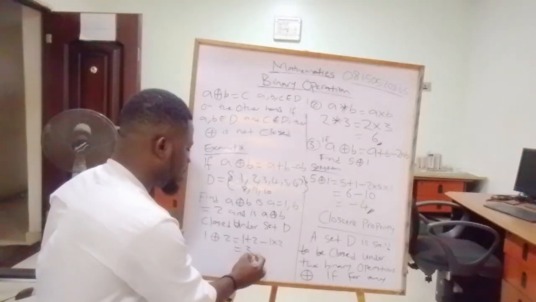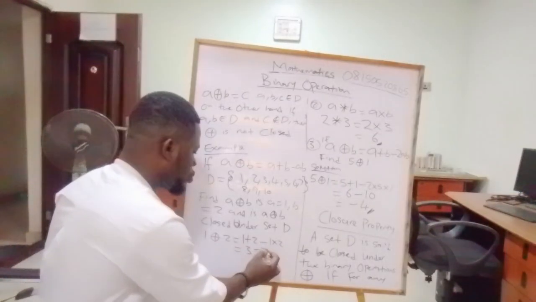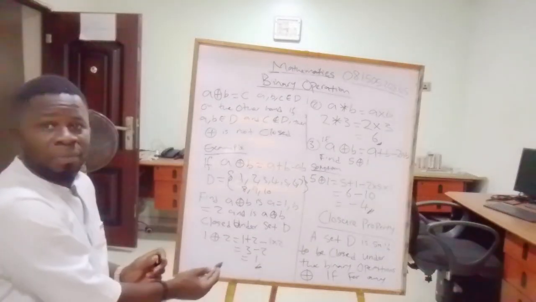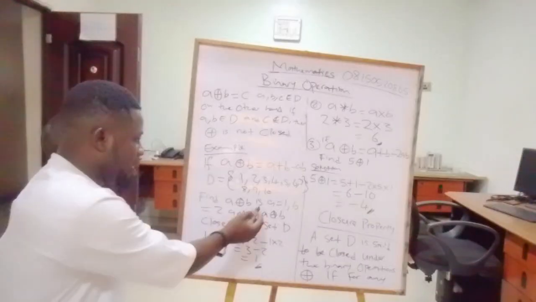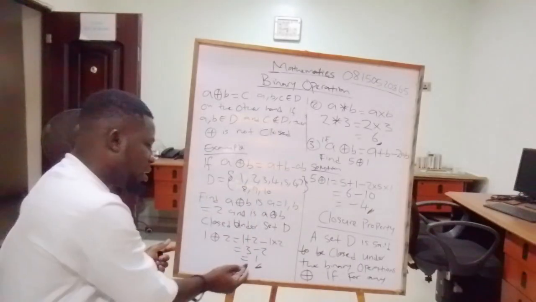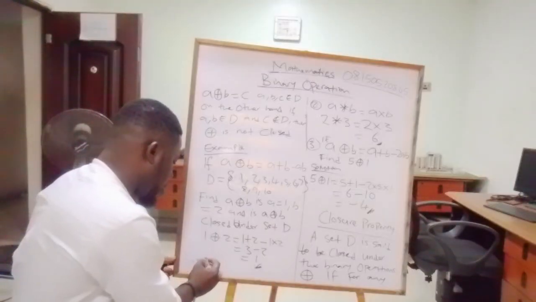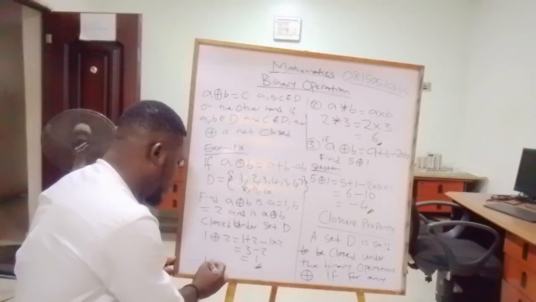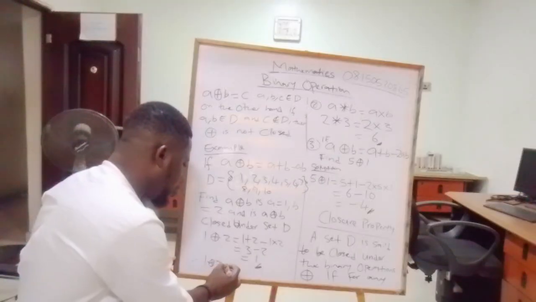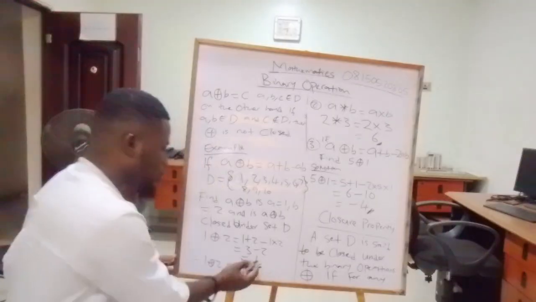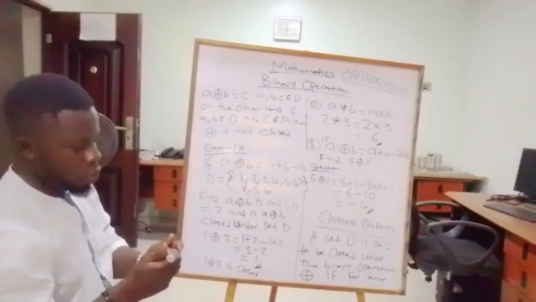So 1 plus 2 is 3, 1 times 2 is 2, and this gives us 1. The fact that we are getting 1, and 1 is an element of D, then you say therefore 1 operation 2 is closed, because this 1 is also part of D.